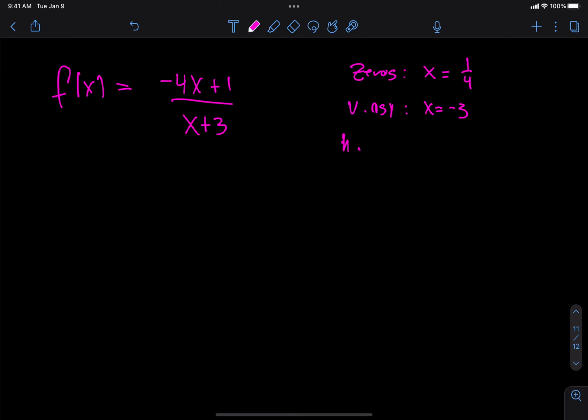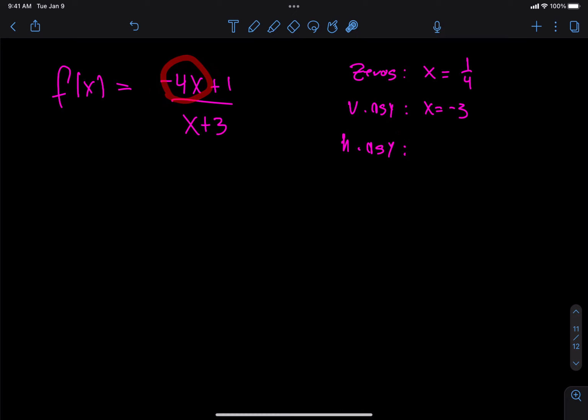Do we have a horizontal asymptote? What determines whether or not I have a horizontal asymptote? Yeah? The powers in the numerator and the denominator. Yeah, the powers in the numerator and the denominator. What's the biggest power of x in the numerator? 1.